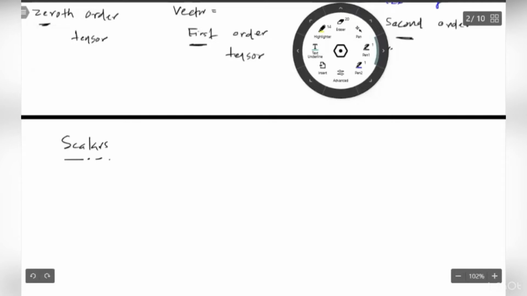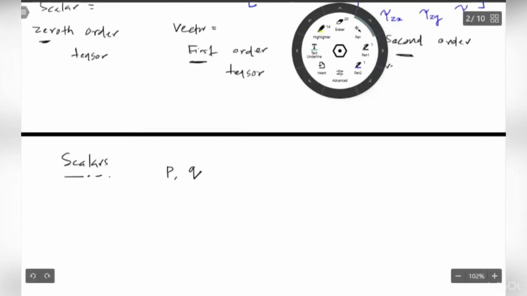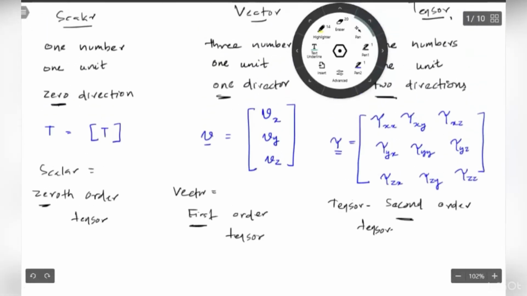Scalars, you have been using since your childhood. This is just addition, subtraction, and everything. P and Q are two scalars. Let me go back and clarify one more thing. Here I have not used any symbol, any prime, any bar. This is a scalar. So from now onwards, if I do not use any bar or other notation with a letter, that means it is a scalar in any equation.